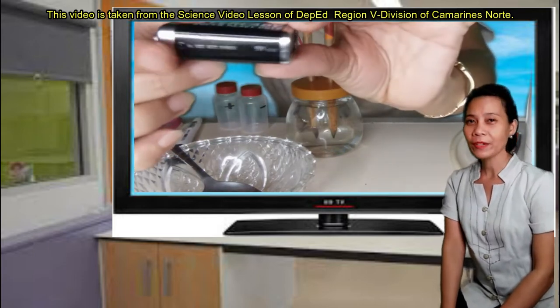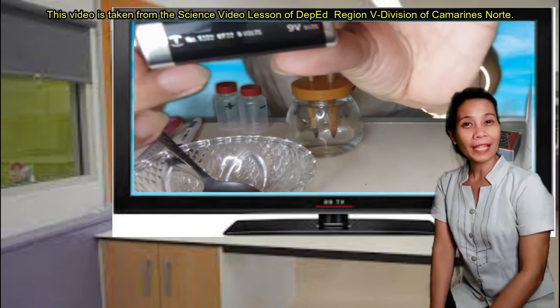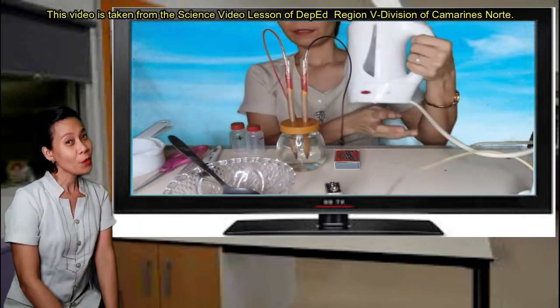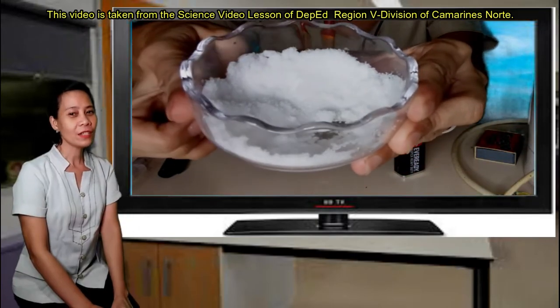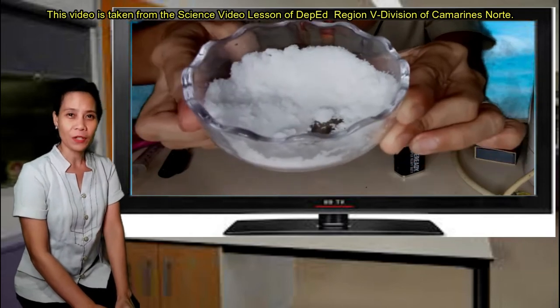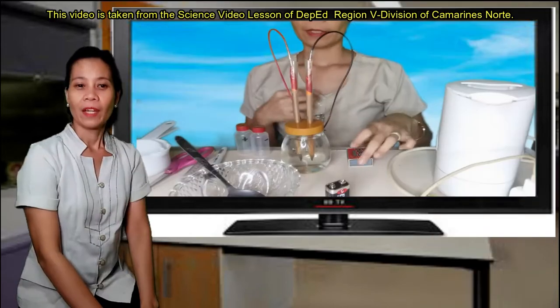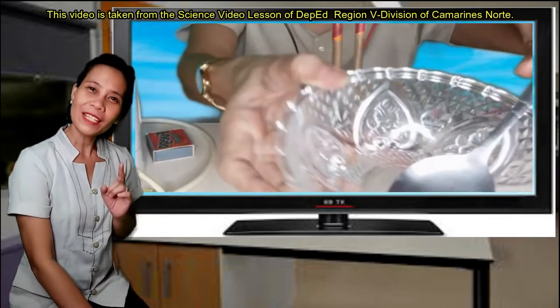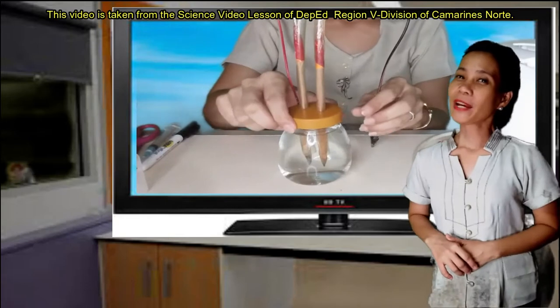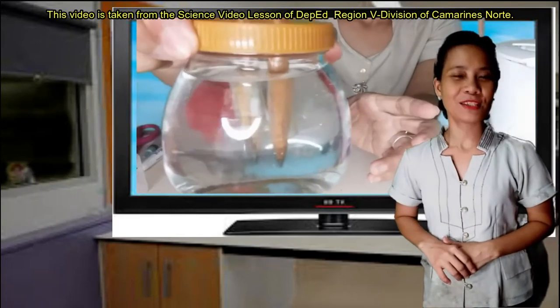A 9 volts battery. This is the source of electricity. 1 cup warm water. 1 tablespoon salt. This increases electrical conductivity in water. Syringe. Match. Also a measuring cup, bowl, and spoon. We also have the improvised electrolysis device.